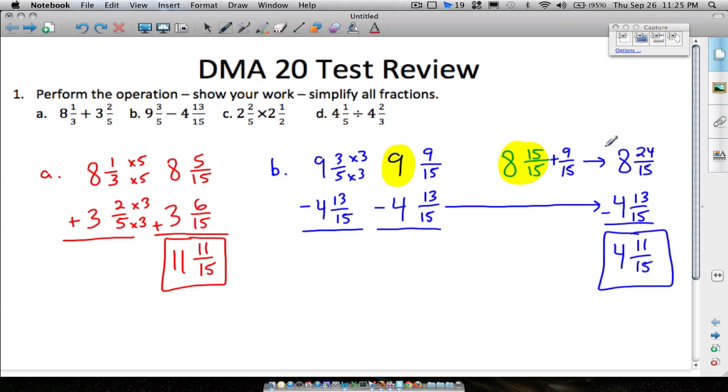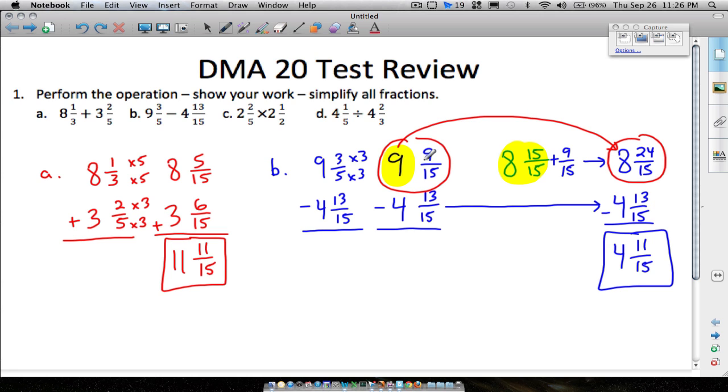Now, this right here, I mentioned this in class as well, and also on the other videos, but a way to take a shortcut through this borrowing step. When we borrow, notice that this fraction here, we actually made it become this. These two are the same, and the shortcut is this. When you borrow, you automatically take 1 away from that number. So when we take 1 away from 9, we get 8.